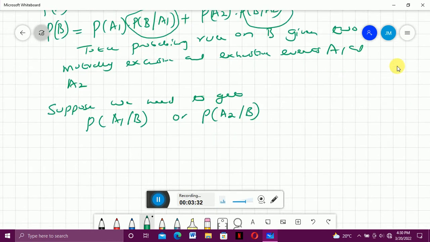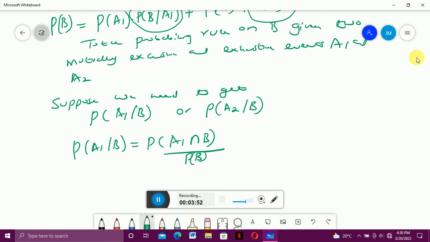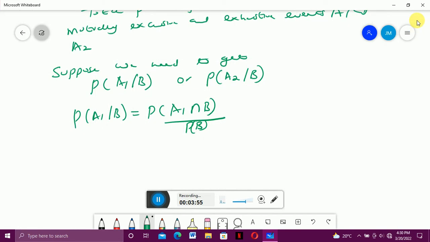We'll just work with one of them, the probability of A1 given B. The probability of A1 given B is the probability of A1 intersection B over the probability of B. You remember that we usually write intersections in terms of conditional probabilities, so we can write the numerator as the probability of A1 times the probability of B given A1, all divided by the probability of B.